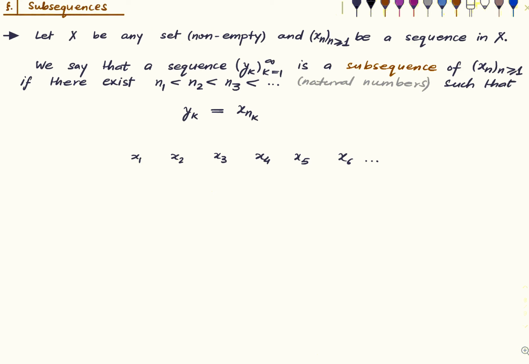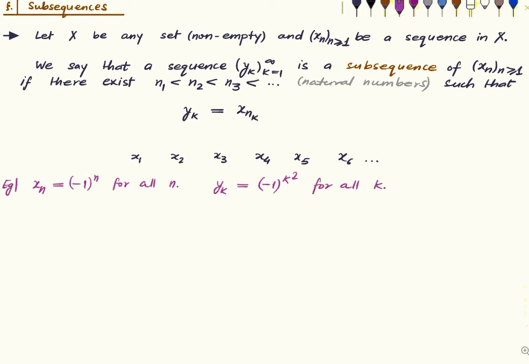Okay. We should take examples. So one example is the following. You can define your sequence xn as, let's say, minus 1 to the power n for all n, and you can define your yk as minus 1 to the power k square, right, for all k.